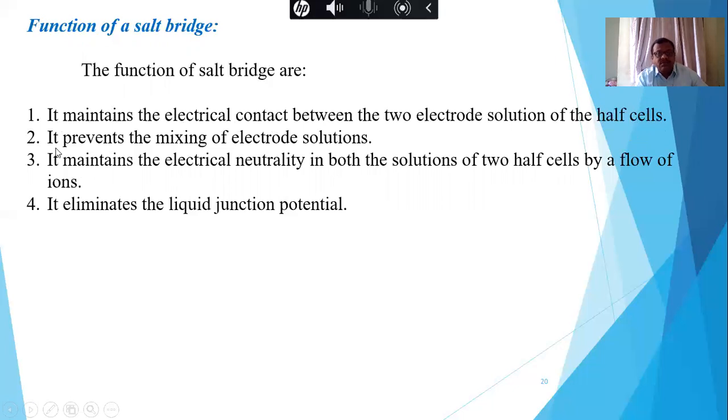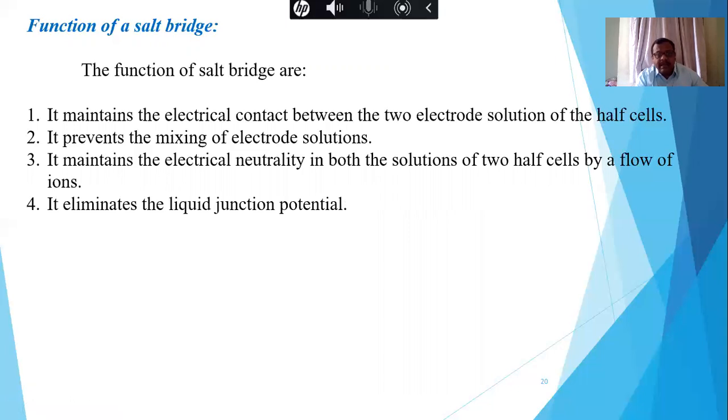The second function of the salt bridge is that it prevents the mixing of the two electrolytic solutions. The third very important function is that it maintains the electrical neutrality in both the solutions of the two cells by flow of ions.